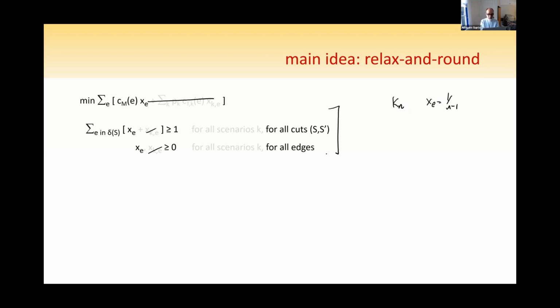Then it satisfies these constraints. Every cut is crossed to an extent of at least 1. And then what did I say? Basically, I'm saying you'll pick an edge log n many times. You'll sample from this distribution log n many times, and the graph will be connected with high probability. So basically, this is saying the probability that G, the random graph that you're getting, is connected is like 1 minus little o of 1 if you repeat log n times.